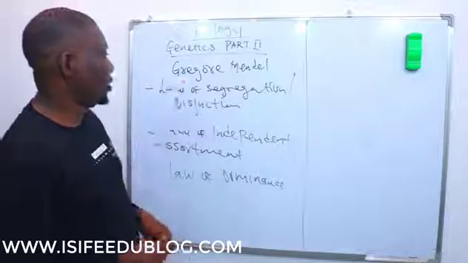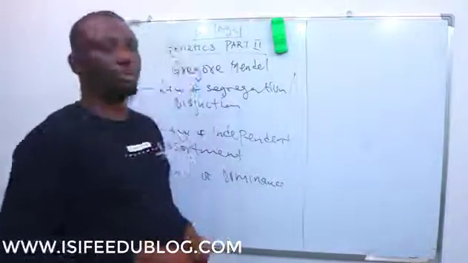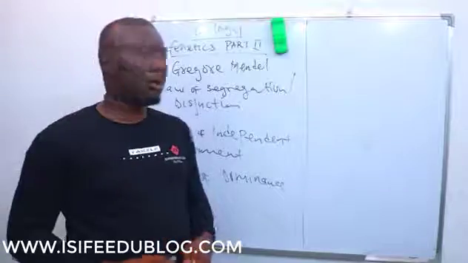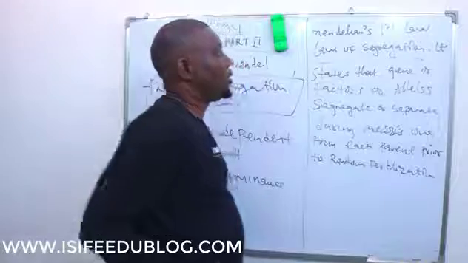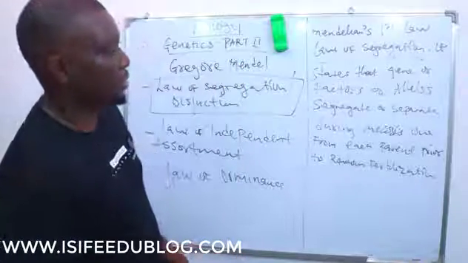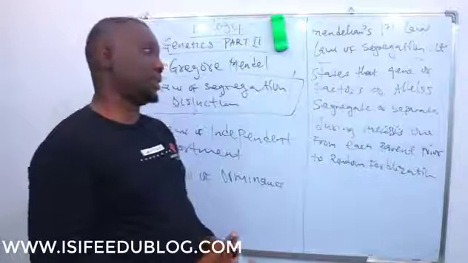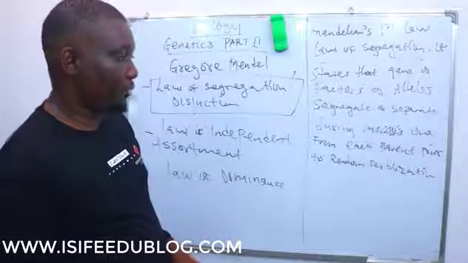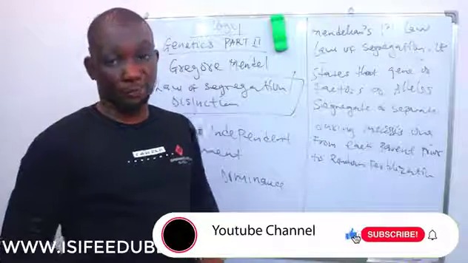I'm going to start with the law of segregation, a popular principle proposed by Gregor Mendel. Law of segregation, that is Mendel's first law. It states that genes or factors or alleles segregate or separate during meiosis, one from each parent, prior to fertilization.